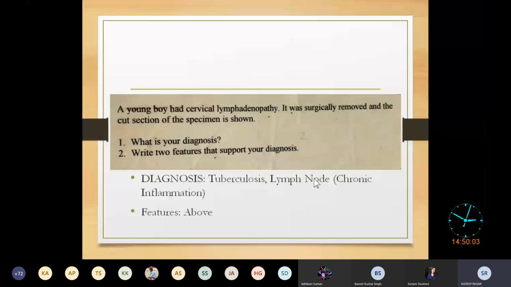Then write two features that support the diagnosis, which we have already discussed. Okay, shall we go ahead? Yes, sir. Everything is clear till now.